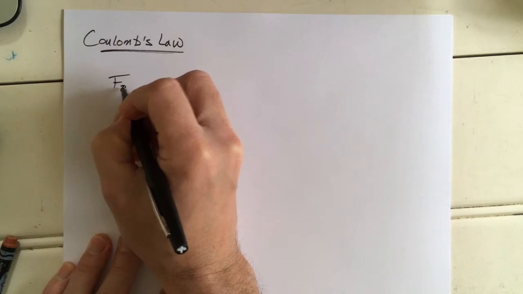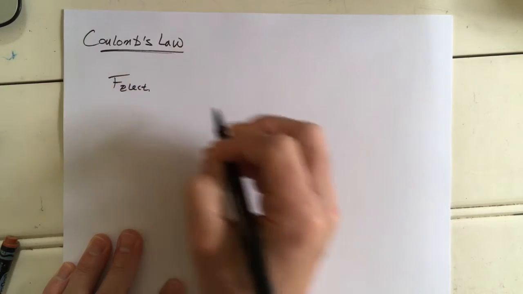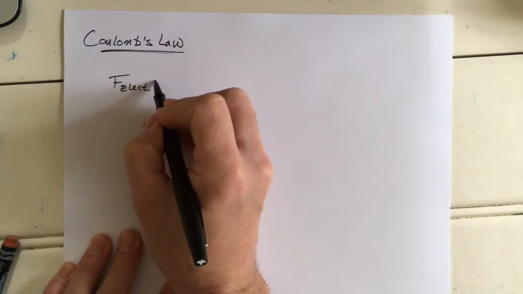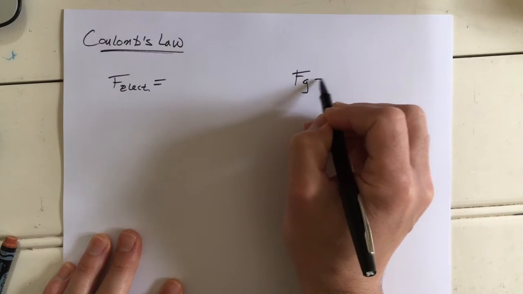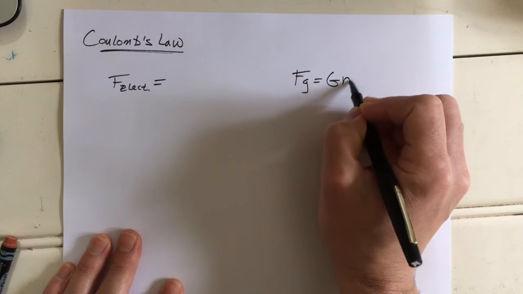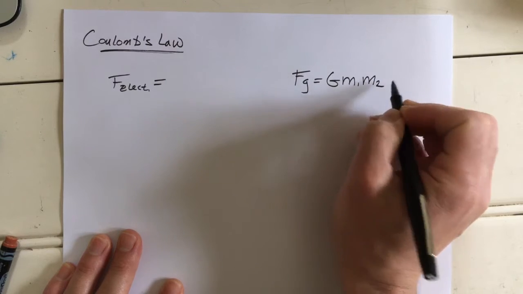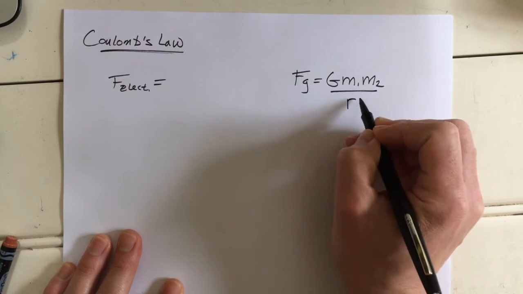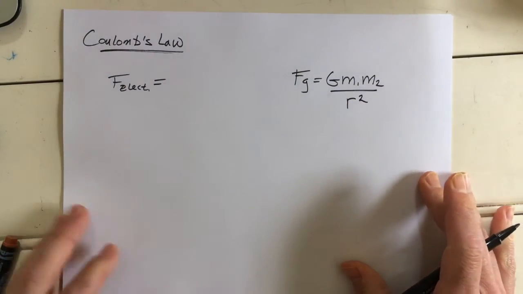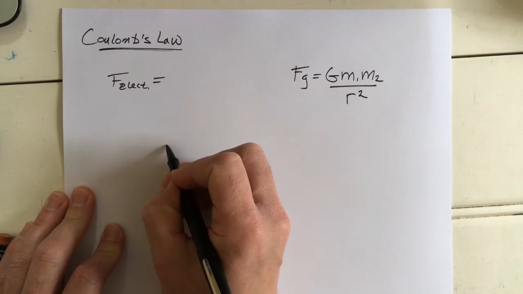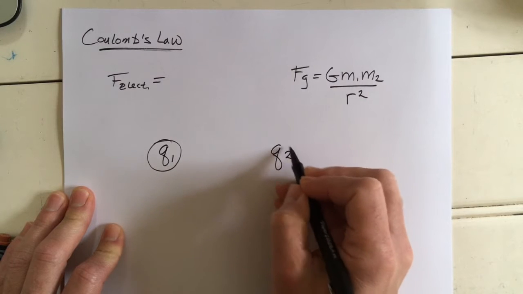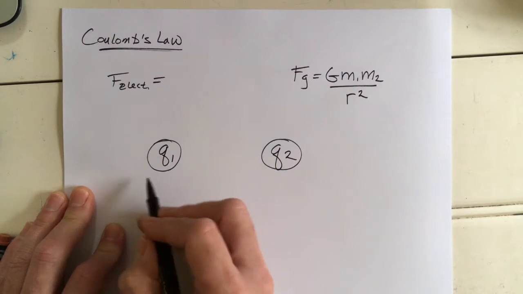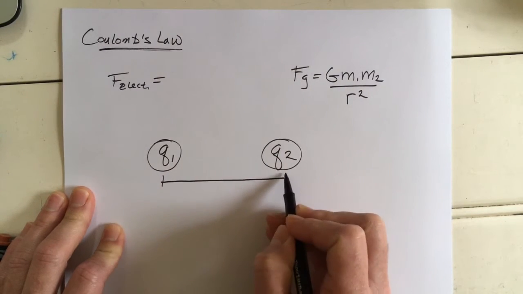We can define the electric force similar to what we did with gravitational. If you remember, for gravitational, we said Fg equals G m1 m2 over the distance center to center squared. This time we're going to have two charges, Q1 and Q2, and they're going to be separated by a distance r.